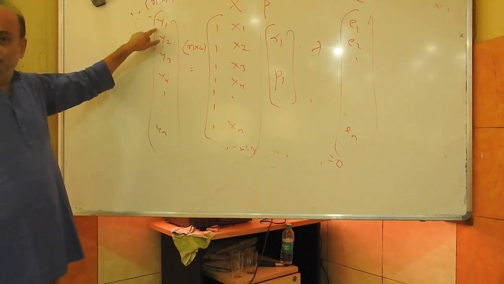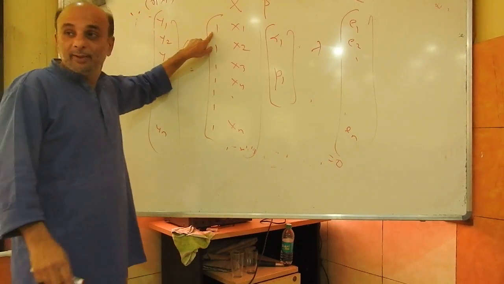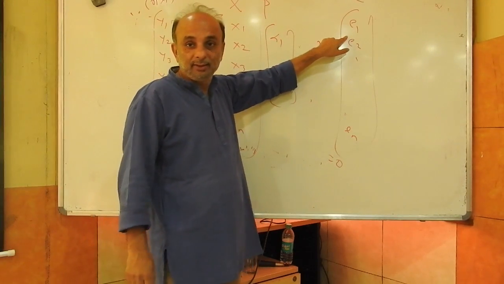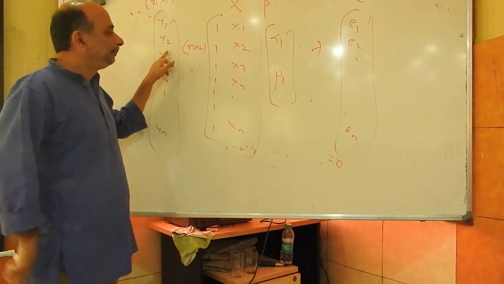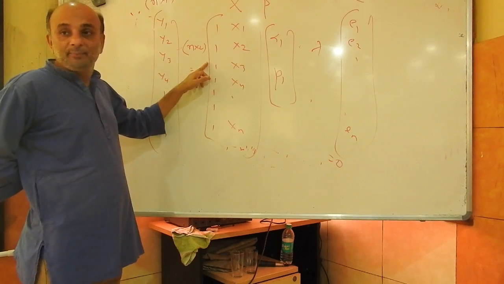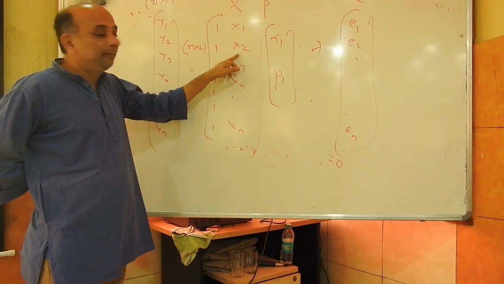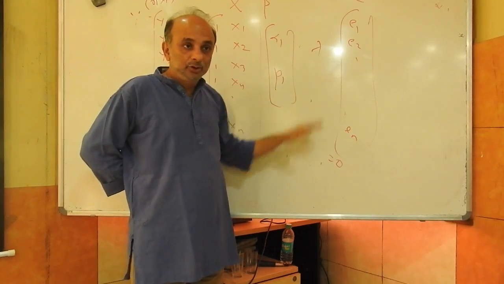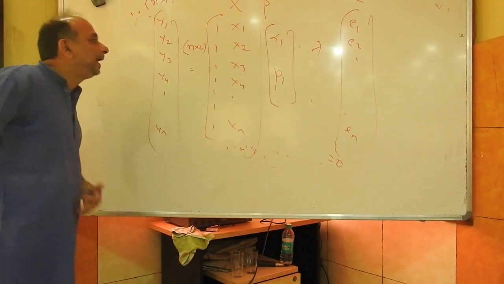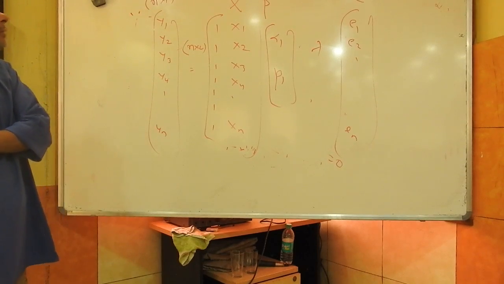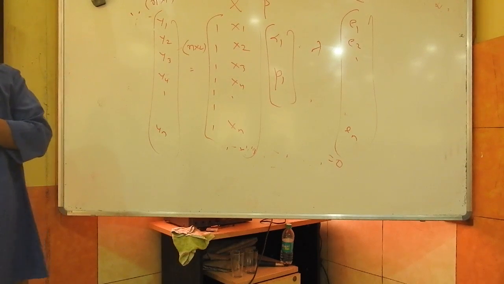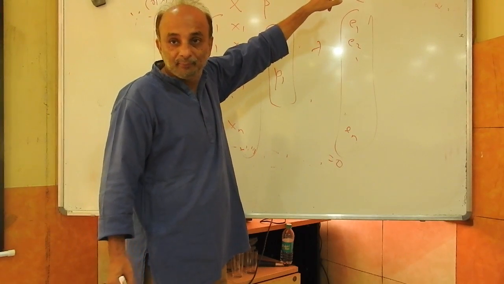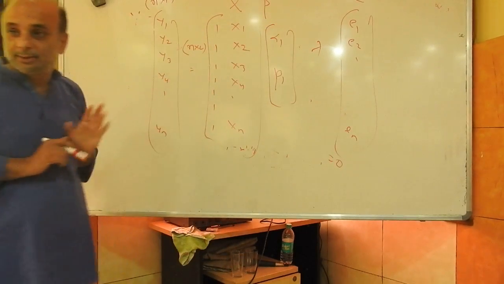You get Y1 is equal to alpha 1 plus beta 1 x1 plus E1. You will get Y2 is equal to alpha plus beta 1 x2 plus E2. So on, you will finally get Yn is equal to alpha 1 plus beta 1 xn plus En. So this equation will be reproduced for all values. Right? So this is a shorthand way of writing this.